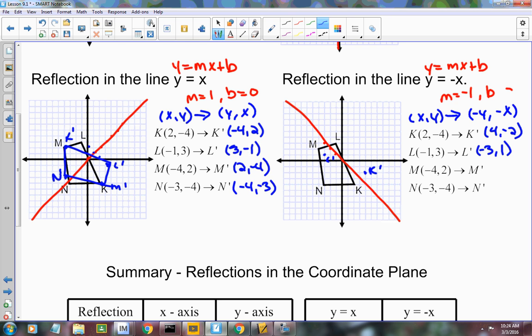Negative 2, 4, and N prime would be 4, 3. And so now I've reflected over the line y equals negative x.